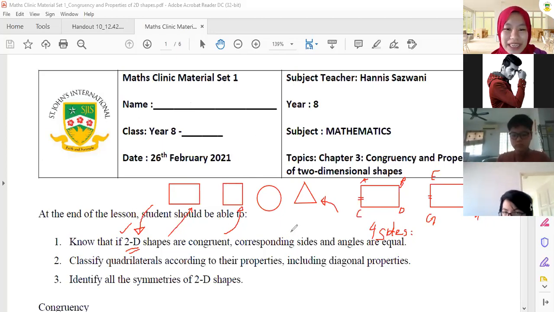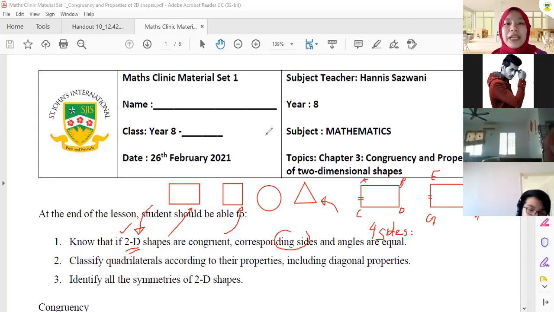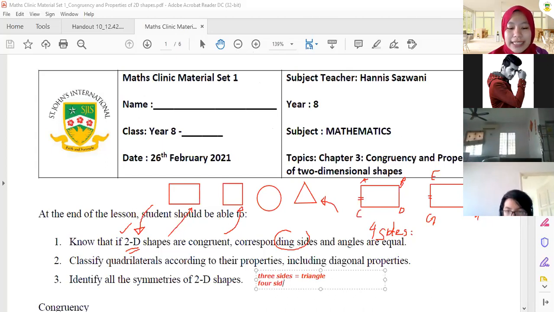You asked me the definition for each here. Can you please put the 4-side, 5-side in the chat? You want to copy? Okay, no need to type in the Zoom group chat. I just use the screen. Listen carefully. If you have 3 sides, you call it a triangle. If you have 4 sides, you call it a quadrilateral.